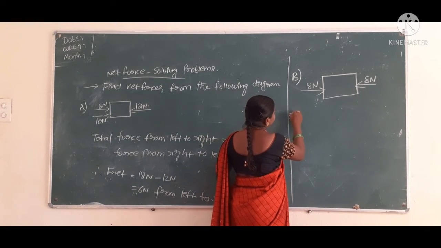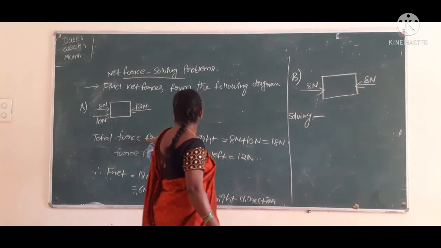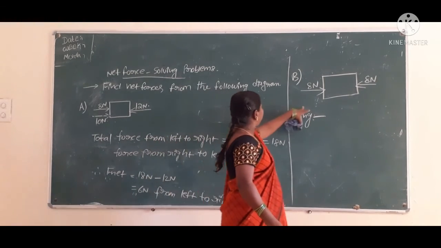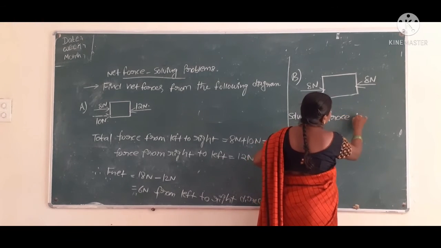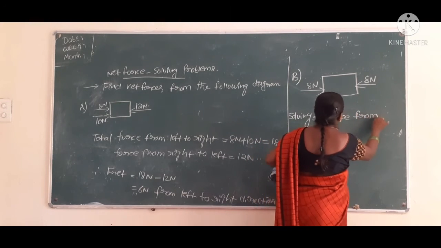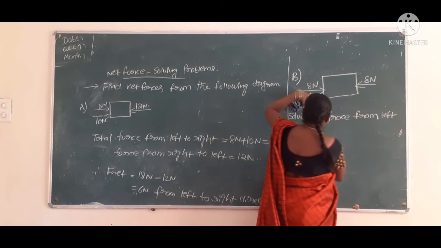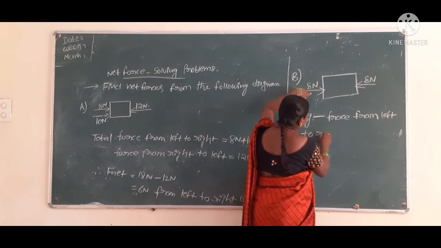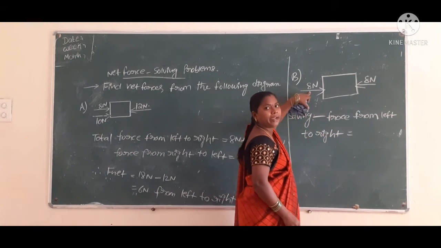Solve. The force from left to right is equal to 8 newtons.